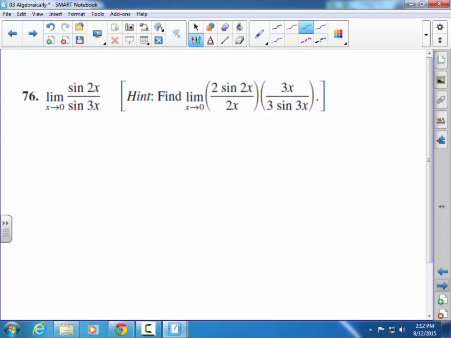So, if I plug in 0, I get 0 over 0. So I need to do some algebra. But there's not any algebra that we remember to do for something that's just a sine of 2x.